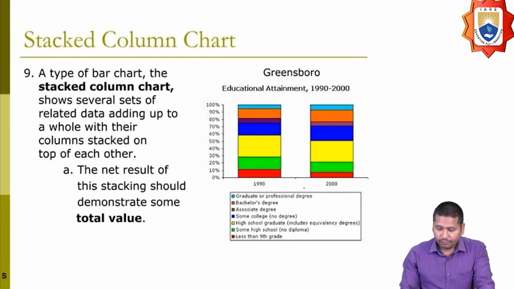So here, if you look at this percentage, it is 1990 here, and it is 2000 here. This blue is going to indicate the number of graduates of professional degree.